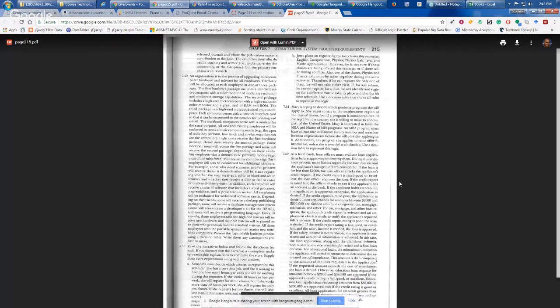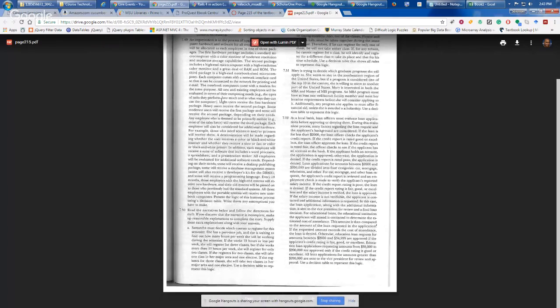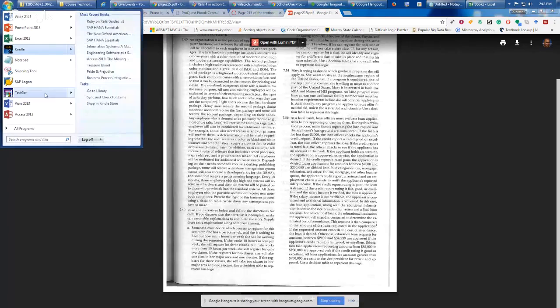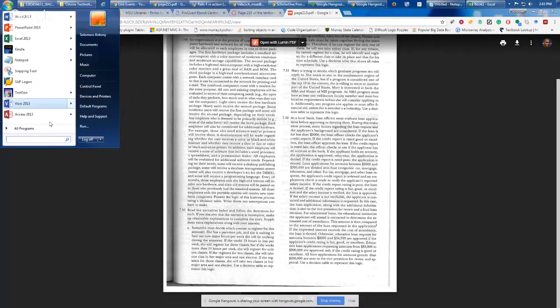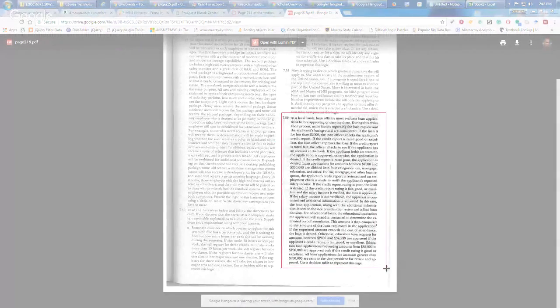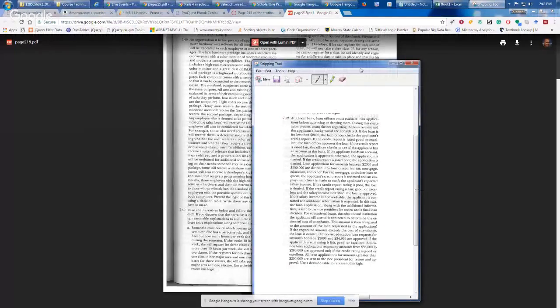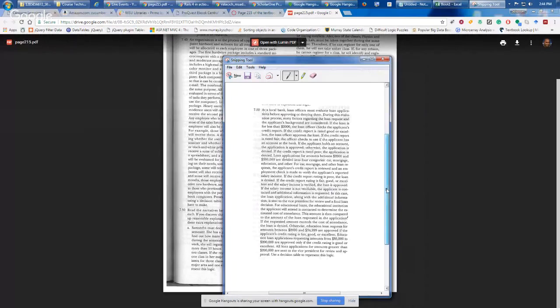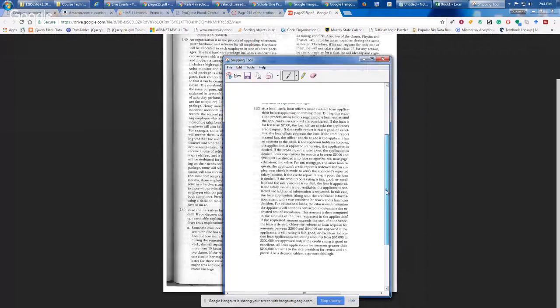So that's the problem. And what I'll do is, let me go ahead and pull it up in my snipping tool. Okay. All right. So here we have it. Take a few minutes to read this document, and then you can pause the play and read the document and come back.